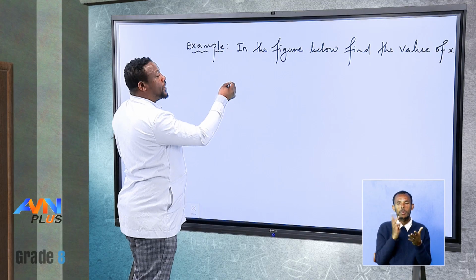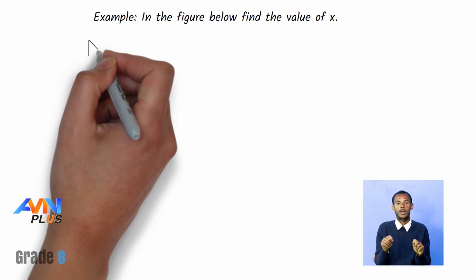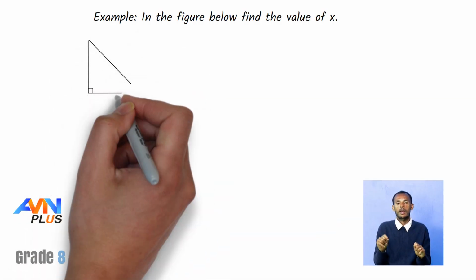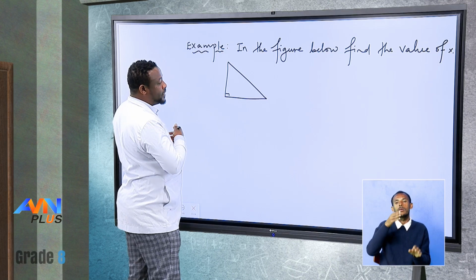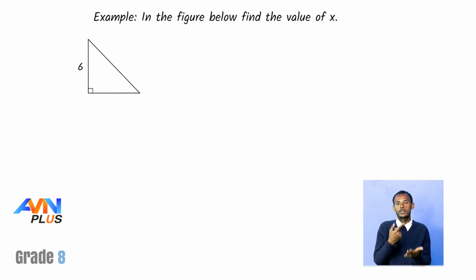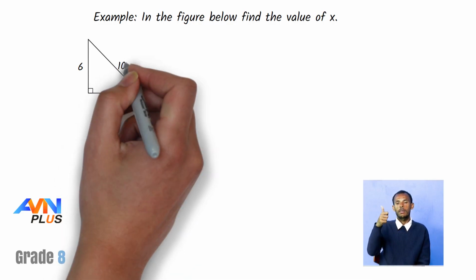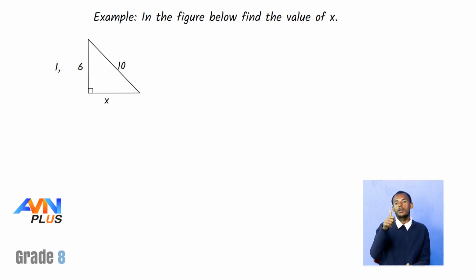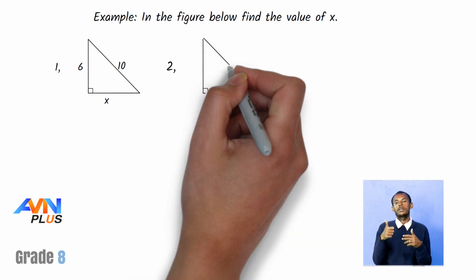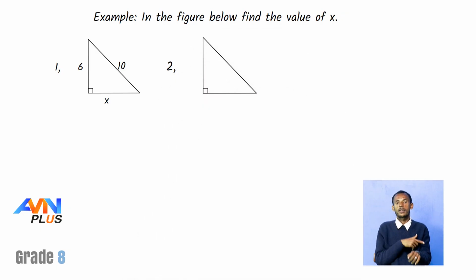Here we have different triangles. Say this is a triangle with 90 degrees at this vertex, and say this is 6, this is x, this is 10. This is the first question. The other one is a triangle with side lengths 4 centimeter, 3 centimeter, and x.